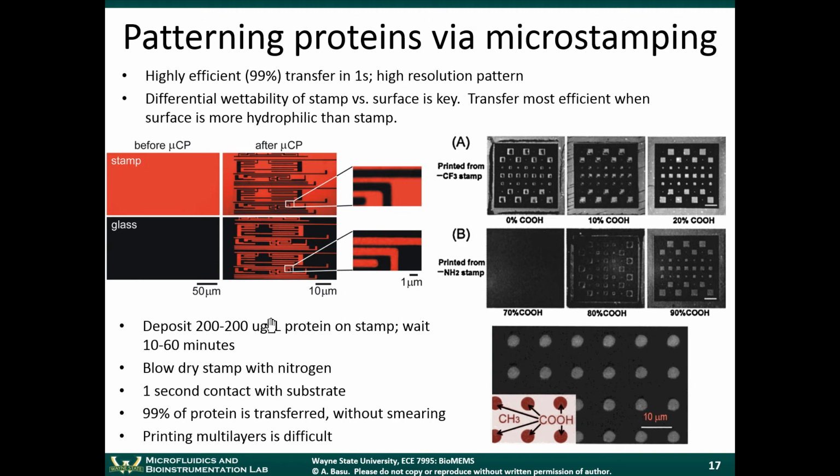It doesn't have to be a PDMS stamp. It could be any stamp that's coated with CF3 or NH2. The CF3 is a hydrophobic coating, and the NH2 is an amine group, so it has more of a hydrophilic coating. These are just to show the effect of the hydrophobicity of the stamp.